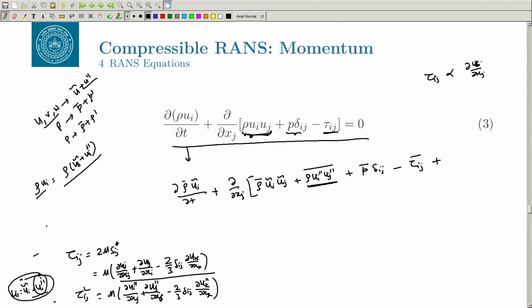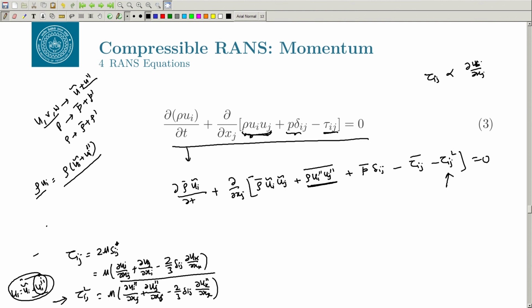I am denoting all this as tau_ij L. So you can write it as minus tau_ij bar and minus tau_ij L.